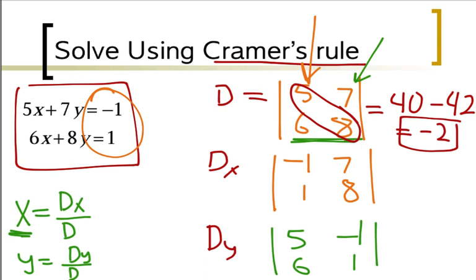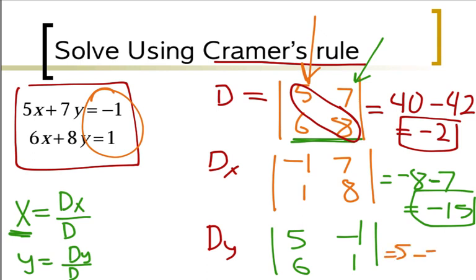And then we should find our Dx, so that's going to give me negative 8 minus 7. So negative 8 minus 7, that's going to give me negative 15. So this is my Dx. And then finally my Dy is 5 minus negative 6. So that's going to give me 11.